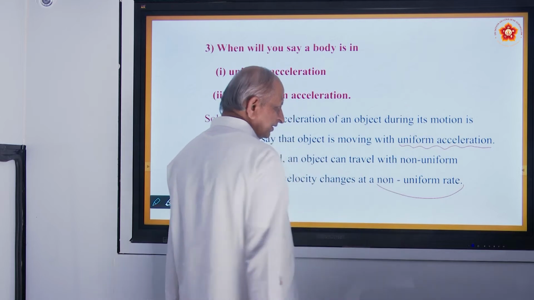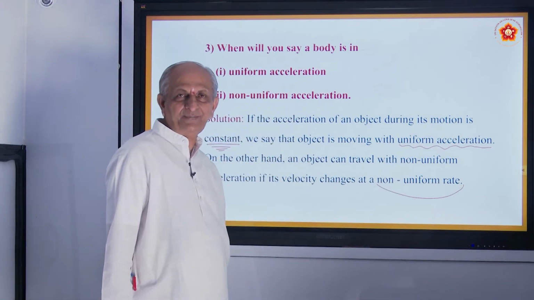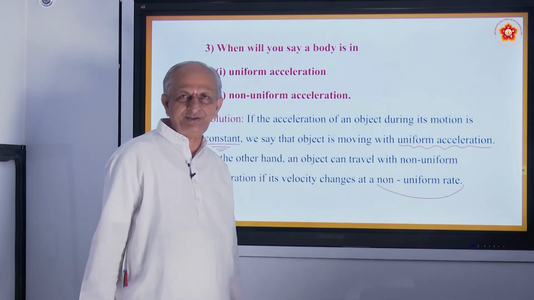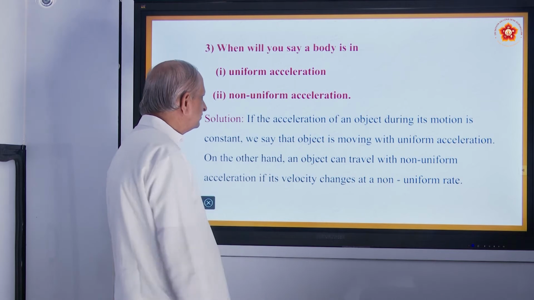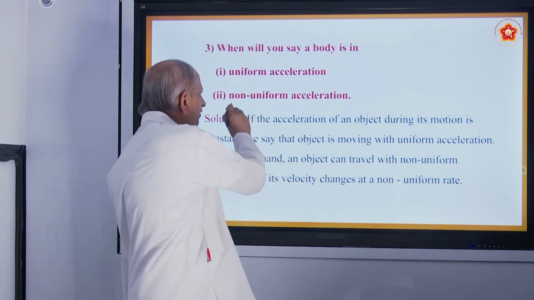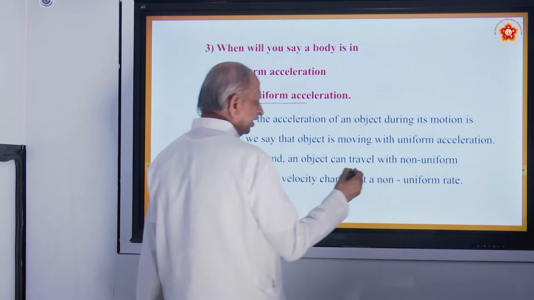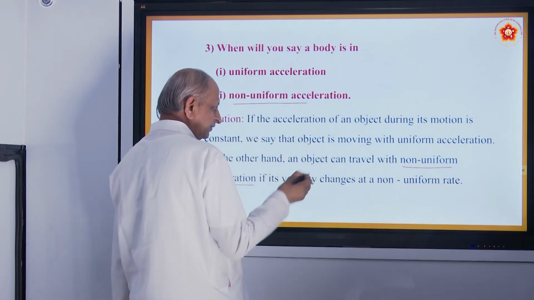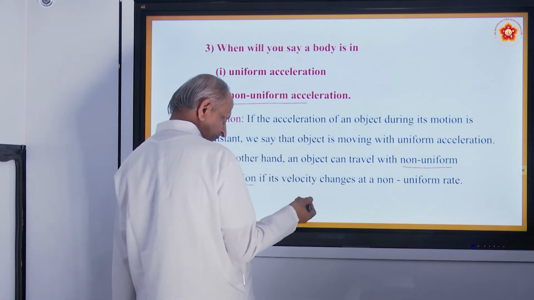Uniform means the rate of change of velocity remains the same. Non-uniform means the velocity is changing with time. So when there is non-uniform acceleration, it means the rate of change of velocity changes.